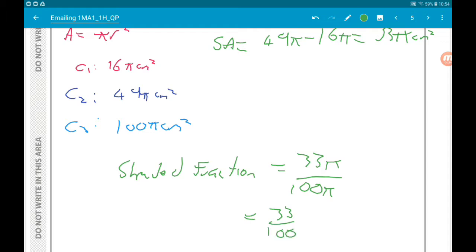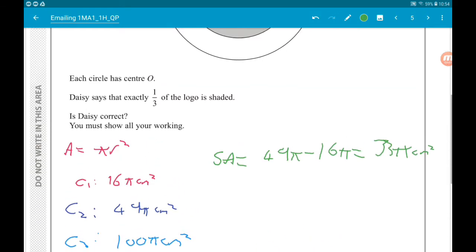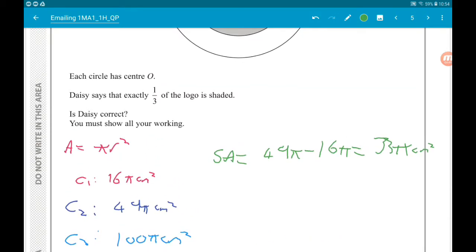Now that is not 1/3. So we were asked, is Daisy correct? The answer is no. So in the real thing, make sure you put no.